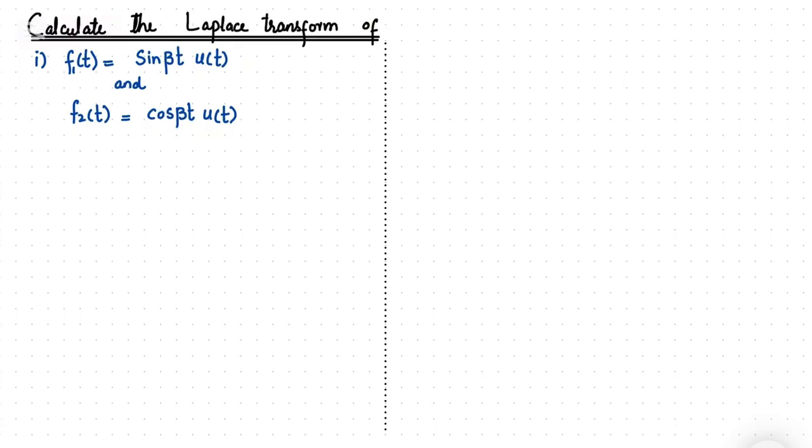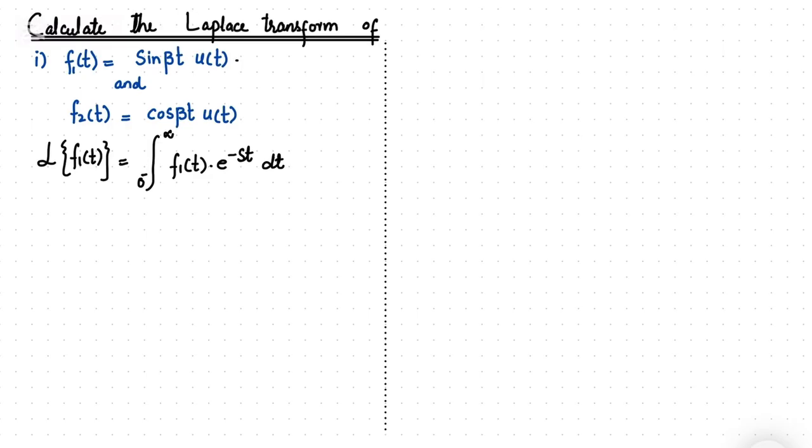We can calculate the Laplace transform of f1 of t using the standard formula, which is integration from 0 minus to infinity of the function f1 of t into e raised to power minus st dt.